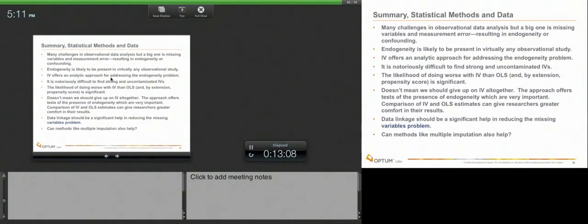The real question is, the reason you're doing the linkage in the first place is to reduce the bias from having just a select set of the data alone. So we really want to look at what's the bias if you have claims data alone, what's the bias when you have the clinical, and then how does that get affected by imperfect linkage and by these multiple imputation techniques and so forth.